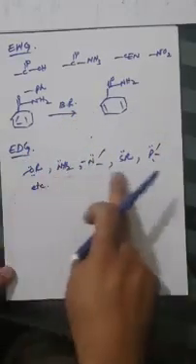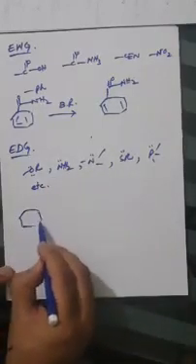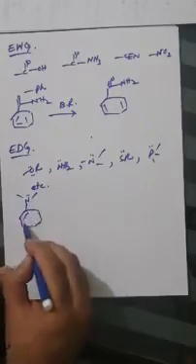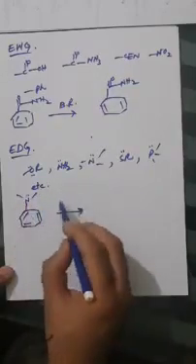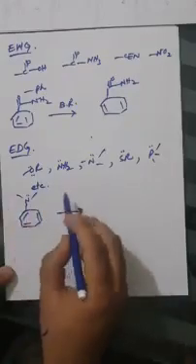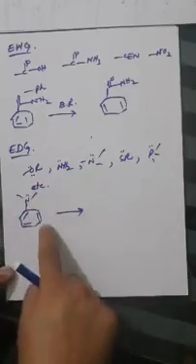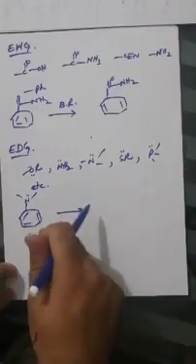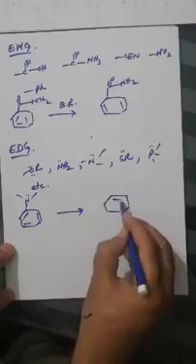So in case of an electron donating substituent, what will be the product? For example, if I have this, you tell me what will be the product. As I have already told you from the mechanism, in case of an electron donating group the meta attack is more favorable, and then when you draw the mechanism you will see that your product will be this.